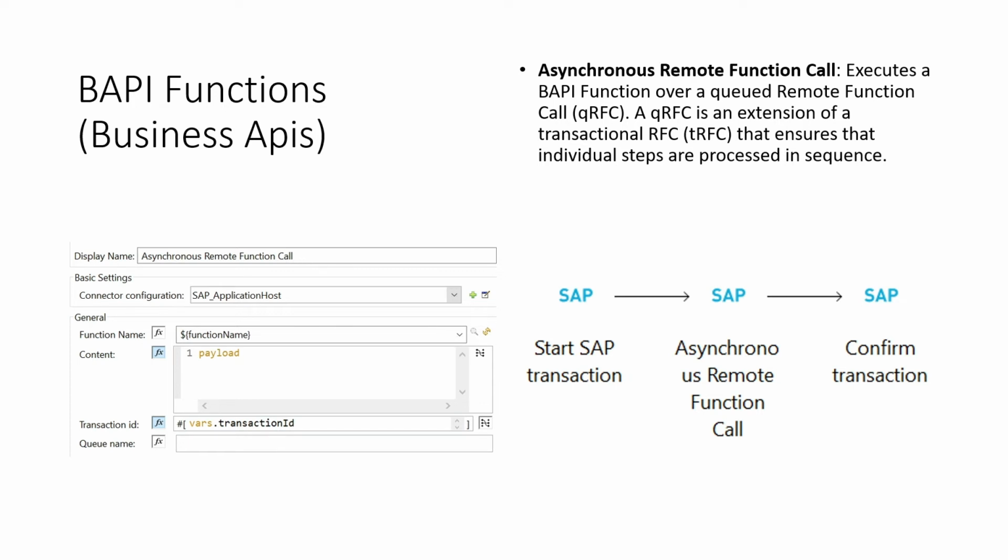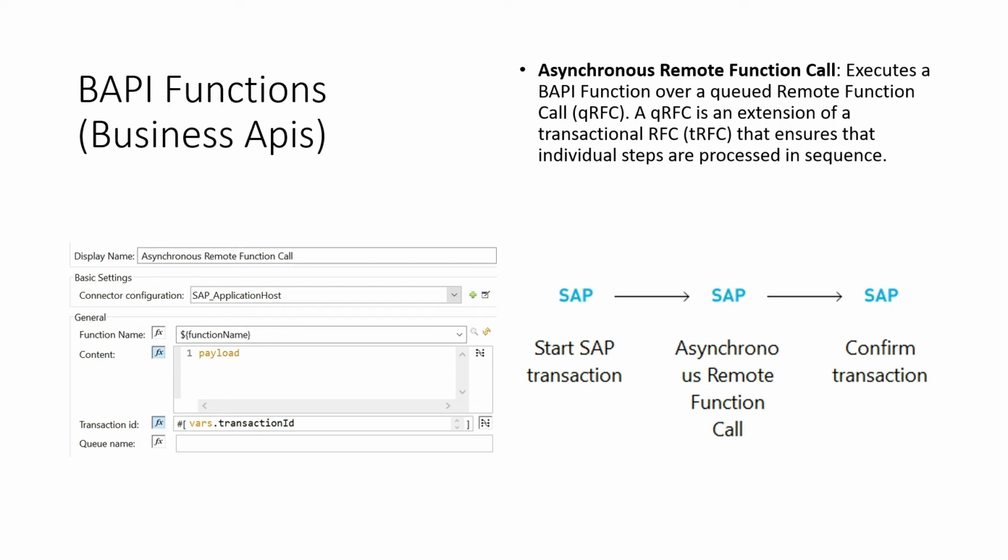It executes over tRFC or qRFC. As it is tRFC, we need to provide the function name as well as the transaction ID. We will fetch the transaction ID using the Start SAP Transaction connector, and when all operations are complete, we will confirm the transaction using the Confirm Transaction connector operation, giving the transaction ID as input.